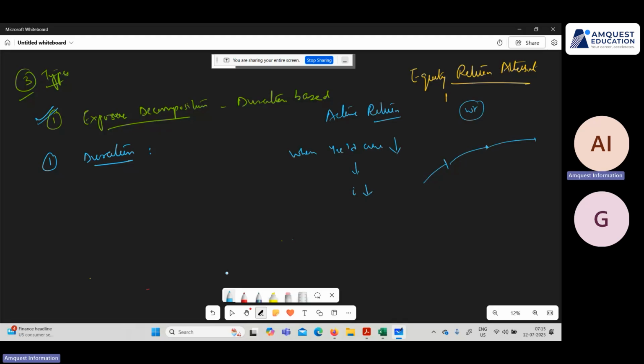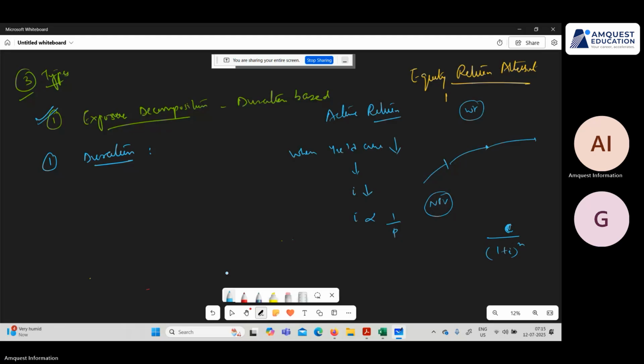When interest goes down, and we know that interest and price have an inverse relationship, and you know how do we calculate NPV? We do coupon upon 1 plus I to the power n, right?